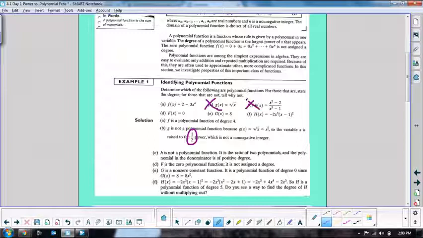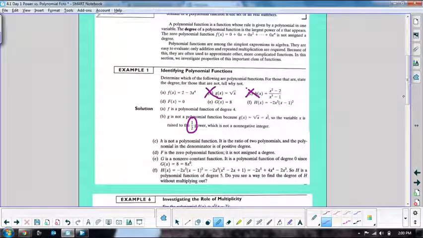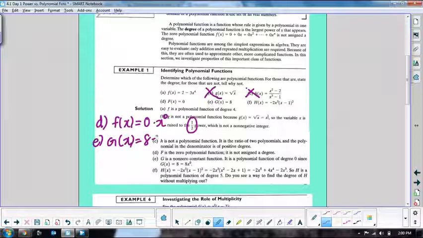Polynomial functions, excuse me. These two over here, D and E, are polynomial functions, because they can be written in terms of x. So like part D can be written as f of x equals 0 times x to the 0. If you recall, that is 1. Part E can also be written as g of x equals 8 times x to the 0.